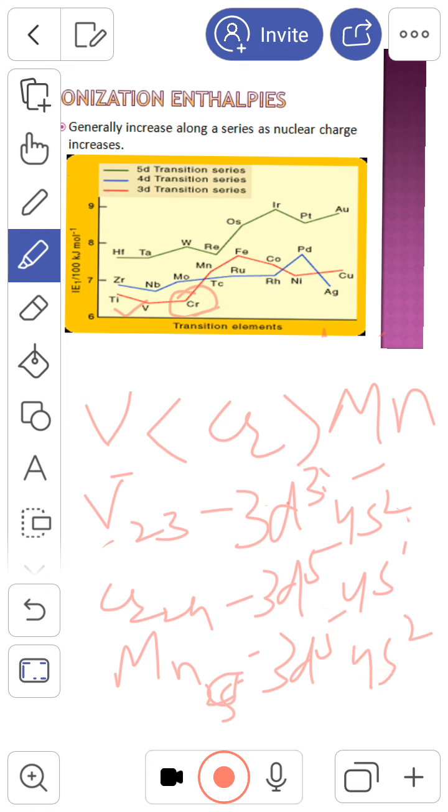If we remove the first electron from the 4s orbital of vanadium, it requires less energy because it is far away from the nucleus and the electron is loosely bound.